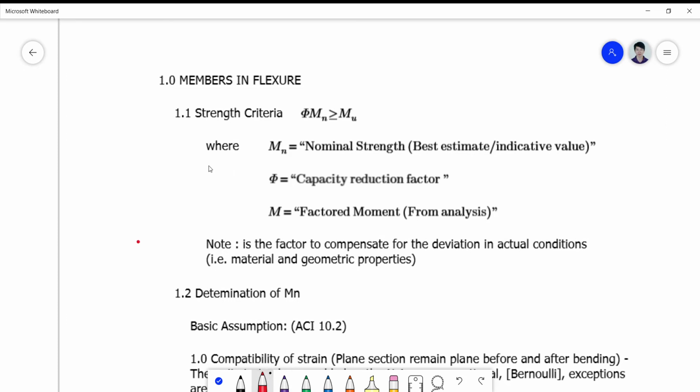So, this topic is not new to all of us here as engineers. We in one way or the other use the concept in dealing with the analysis and design of flexural members.